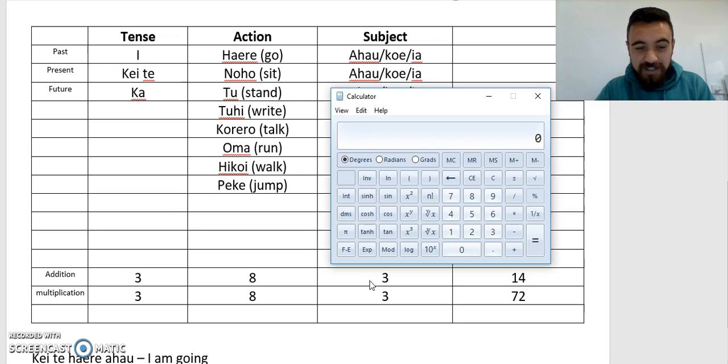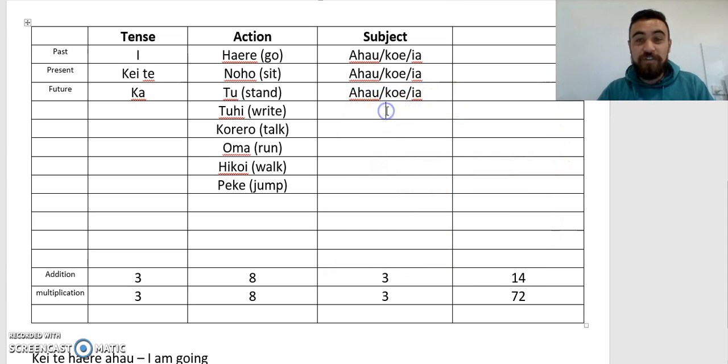Throw one more subject in there, for instance, 3 times 10 times 4, and we're at over 100, we're at 120. So I'll give you one more subject, te tama, which means the boy.